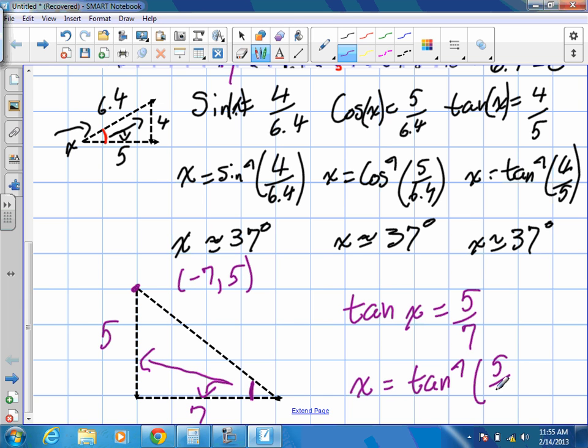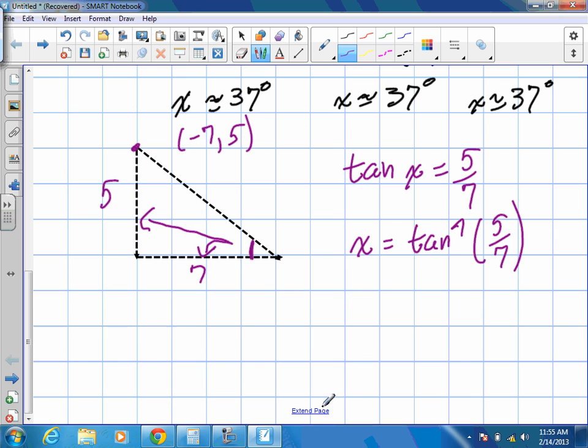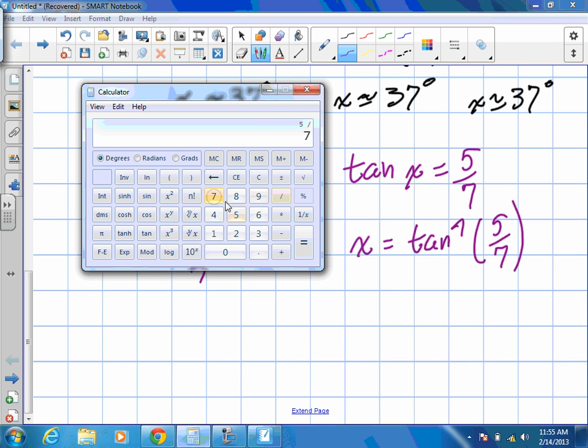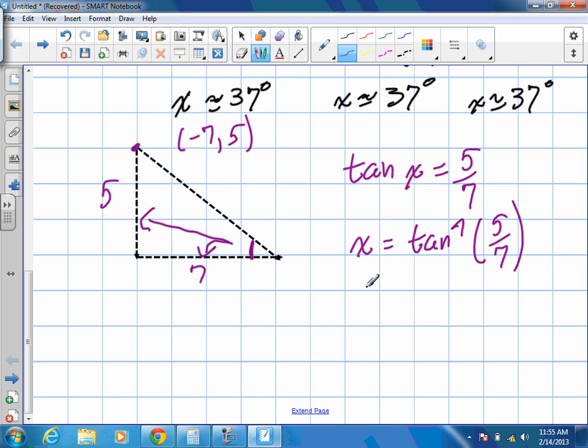Okay, I'm going to do this in our calculator here. 5 divided by 7 equals, and then, nope, wrong button. 5 divided by 7, there it is. Tan inverse, 35.5, we're going to keep it right at that. X is approximately 35.5.